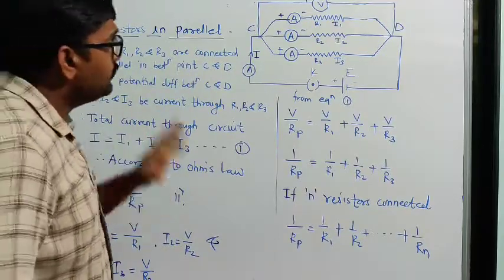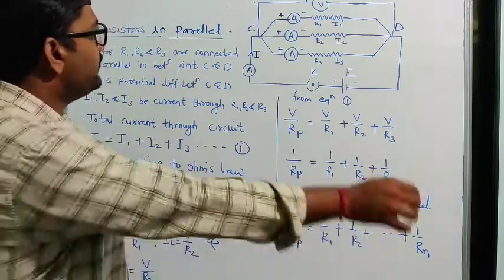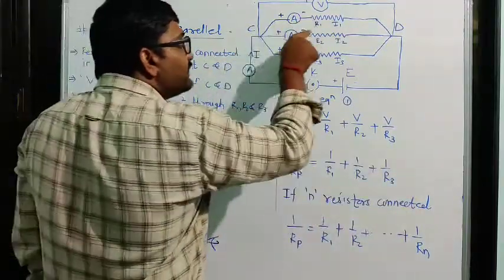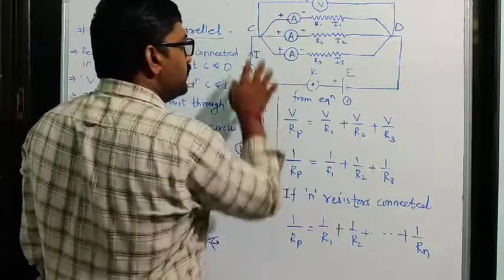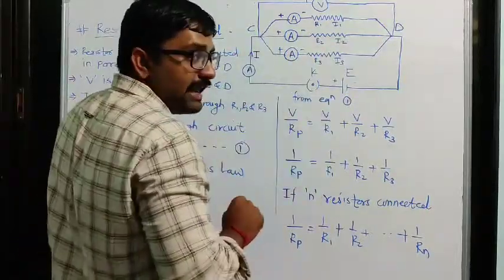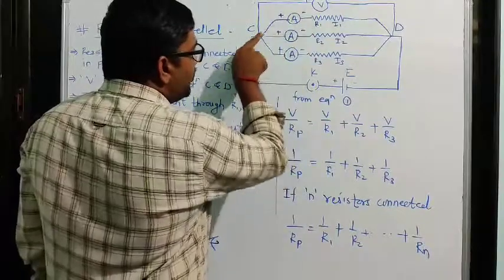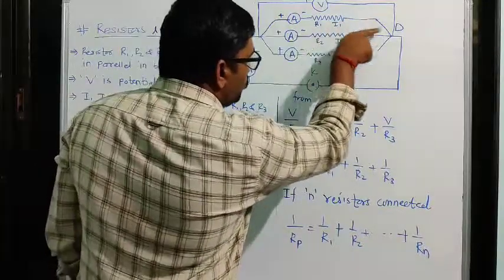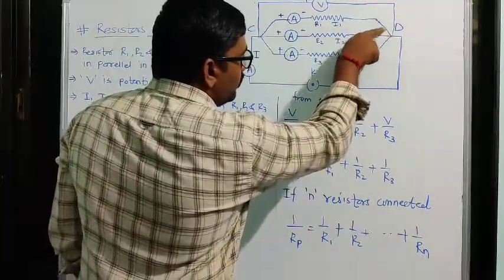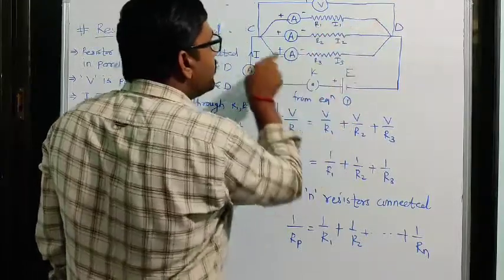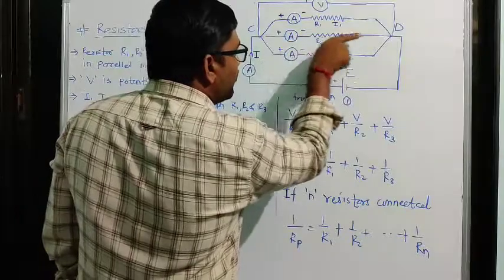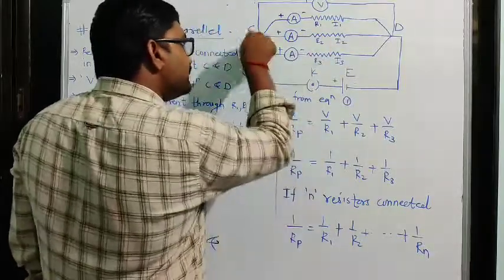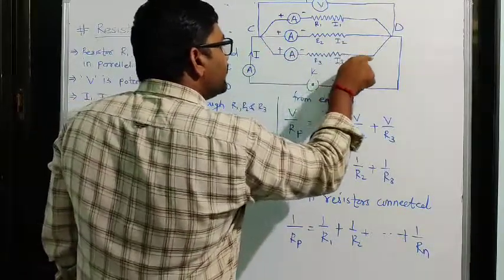Now look here. These three resistors are connected by three separate connections between points C and D. This R1 resistor is connected through this wire, this R2 resistor is connected by the second wire, and the R3 resistor is connected by the third wire.